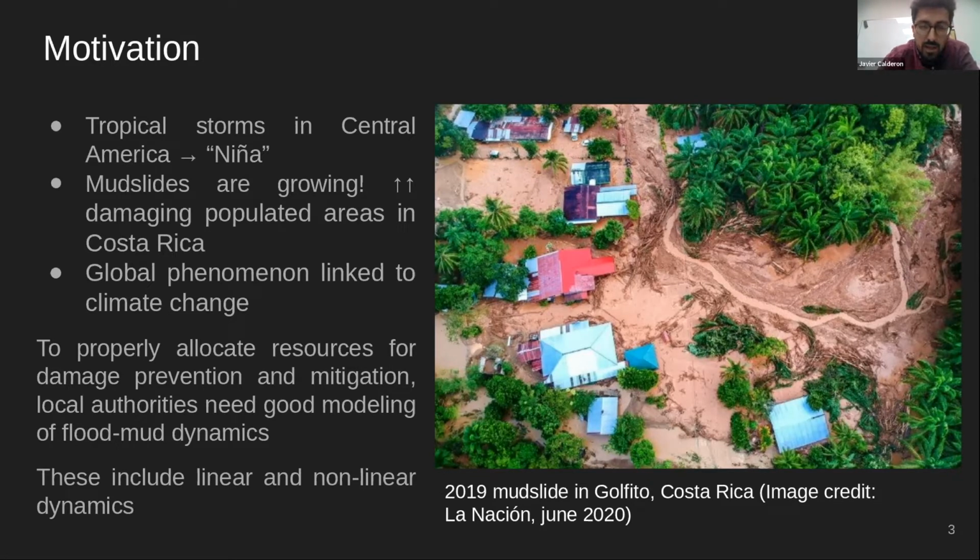that might happen. And one of the particular aspects of these mudslides is that they mix and they include the linear and nonlinear dynamics, and that's why we started studying the nonlinear dynamics for this problem.